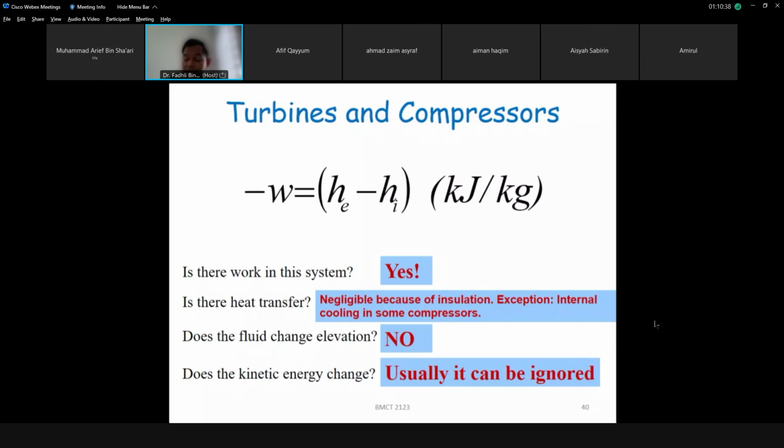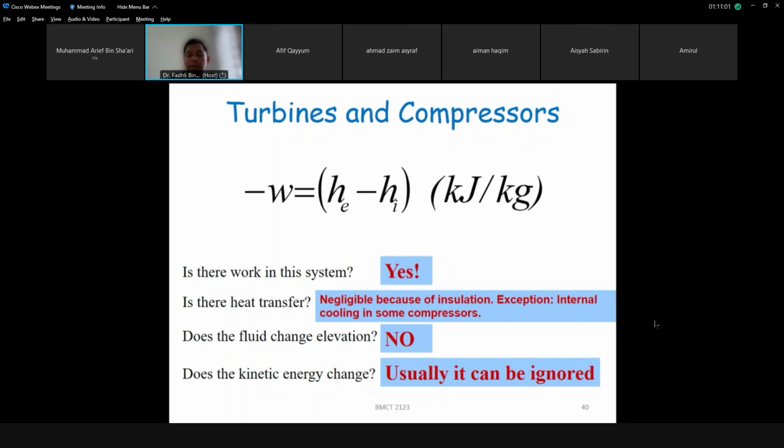Okay, but as I said, you need to read the problem properly. If velocity are given for turbines and compressor, then you need to consider the kinetic energy. Tapi ini contoh. Usually it can be ignored, but it depends on the problem.